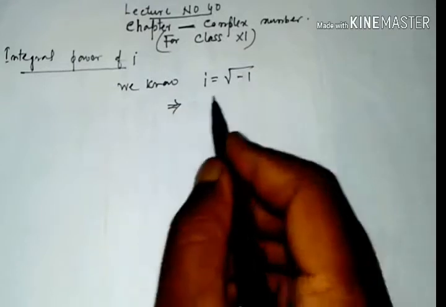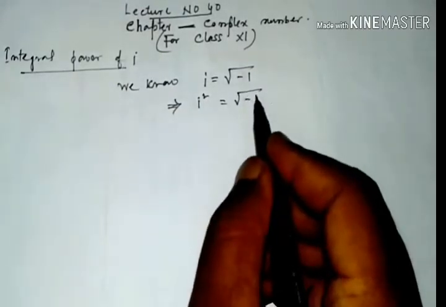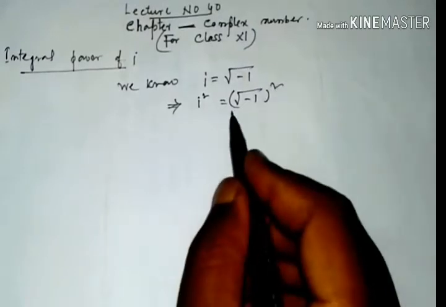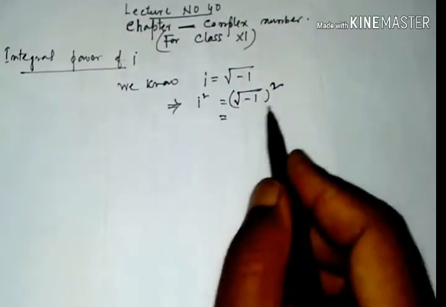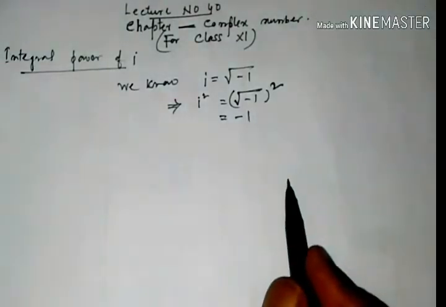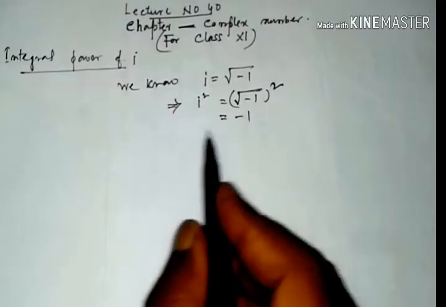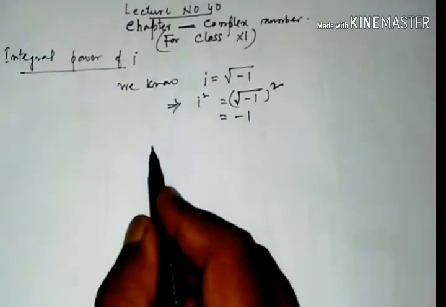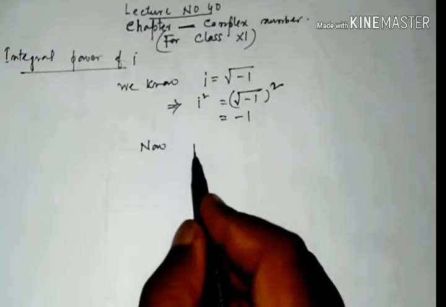If we square it, then it is i square, that is root over minus 1 squared. The root will be removed due to the square. Therefore, i square is equal to minus 1. Now, what is i cube?